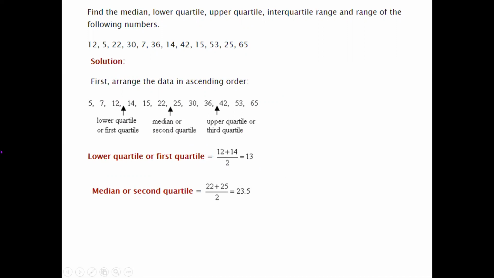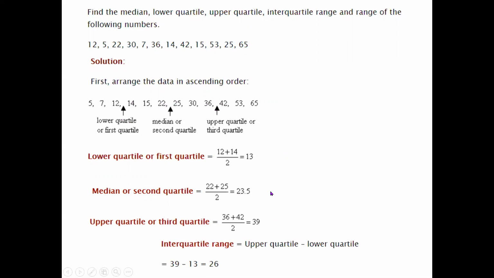So the median is the second quartile. Similarly, consider 36 and 42; take the average, and that is the third quartile. So it is very simple: divide by 4 and put marks. The first mark, the average of these two, is the first quartile; the second mark is the second quartile; the third mark, the average of these two, is the third quartile. These three are called Q1, Q2, Q3.